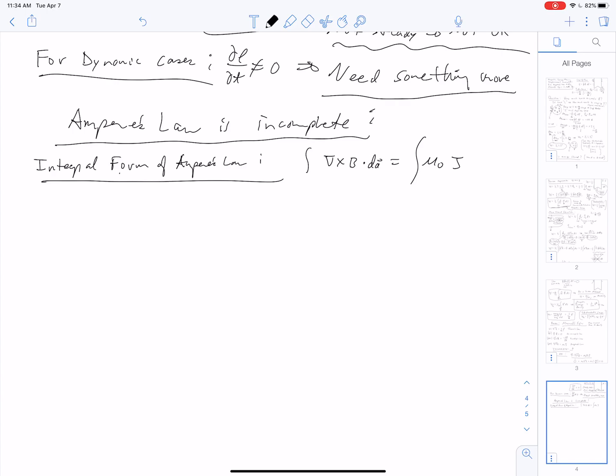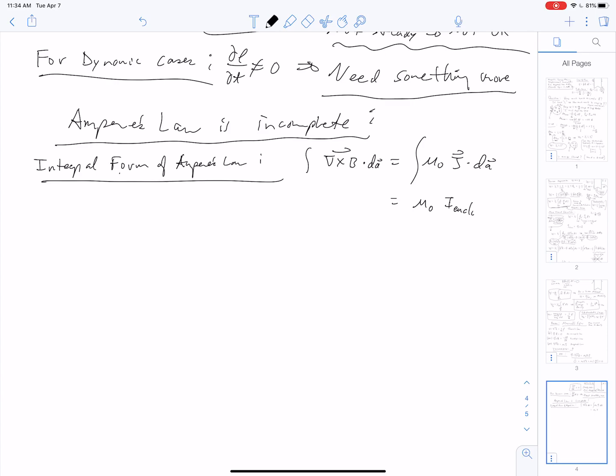The integral of J dot dA is then, of course, the current enclosed, the current that penetrates.